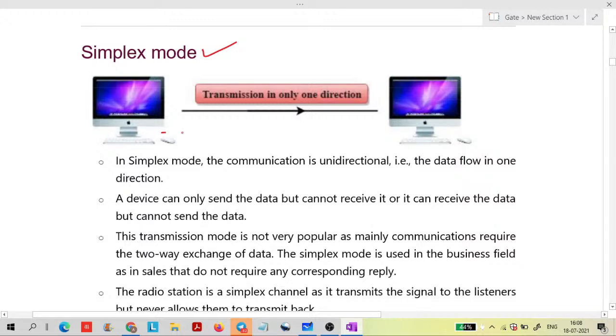So this is one node, computer 1, and this is computer 2. In simplex mode, the communication is unidirectional. Unidirectional means only one way, one direction.